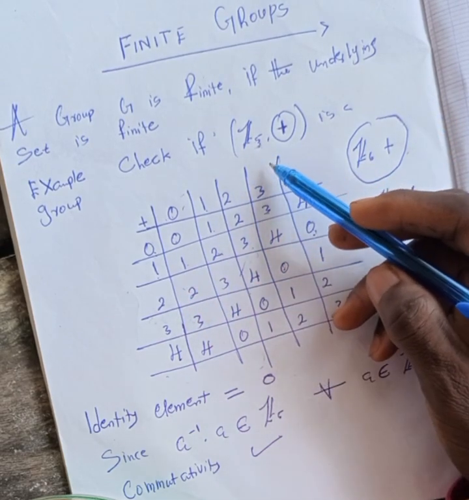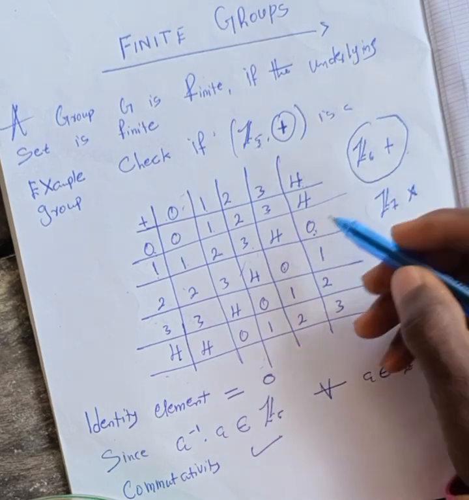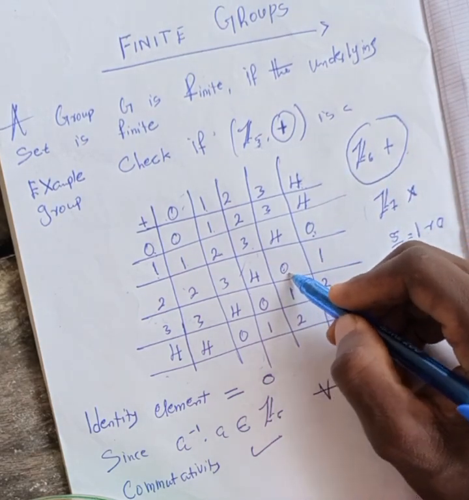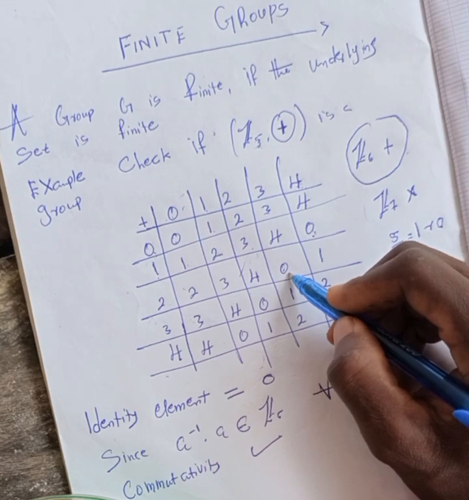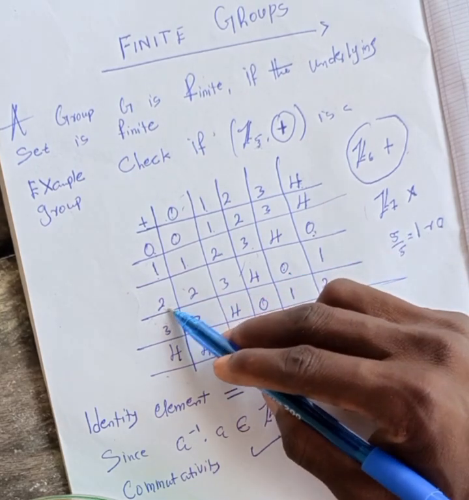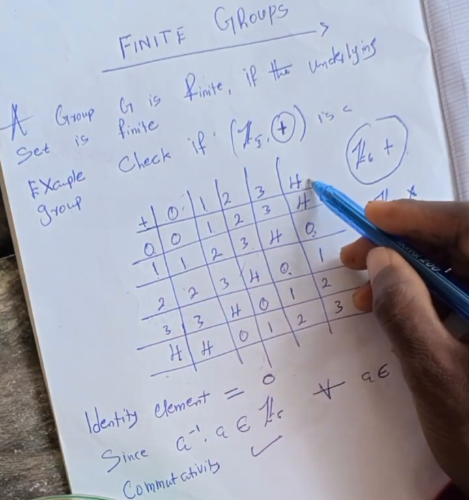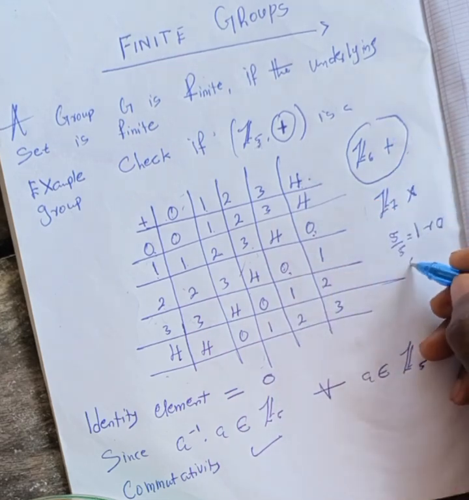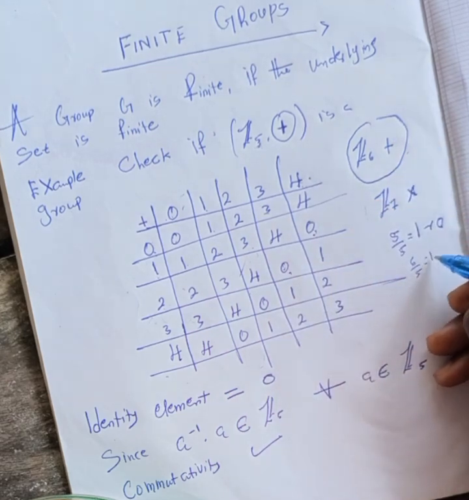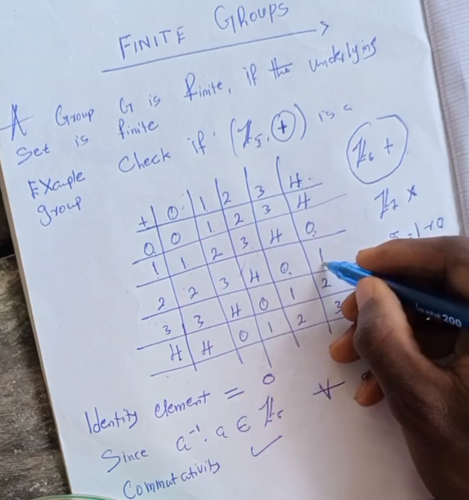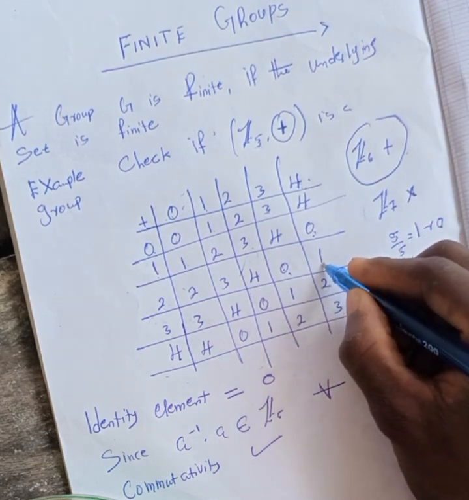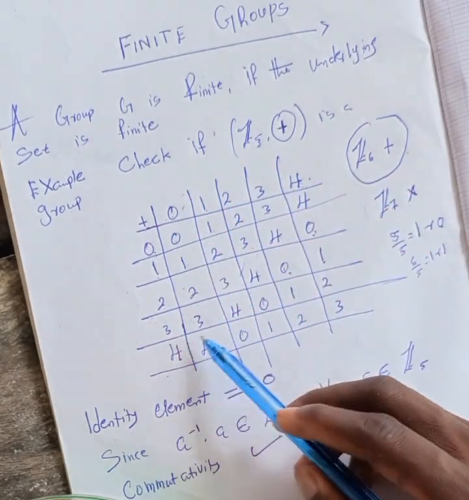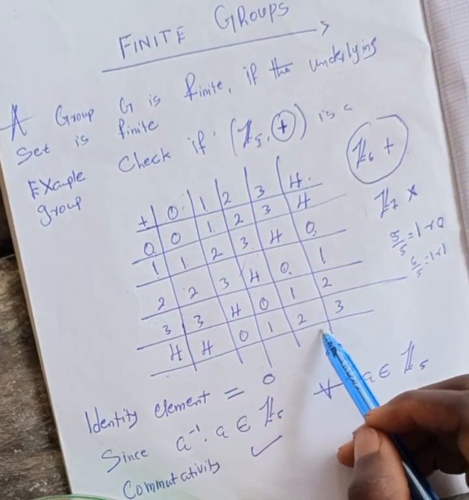So 2 plus 3 is 5, 5 divided by 5 is 1, remainder 0, and the remainder is what we put down here. Now 2 plus 4 is 6, and 6 divided by 5 is 1, remainder 1. So we put 1 here. Similarly, you do the same thing for every other entry, so we have our table completed.